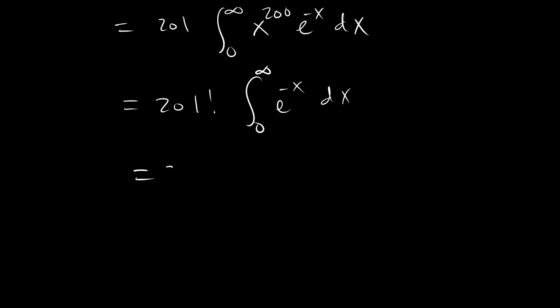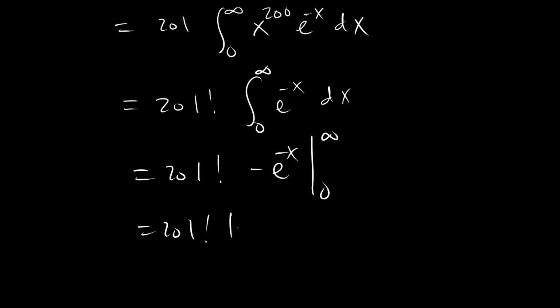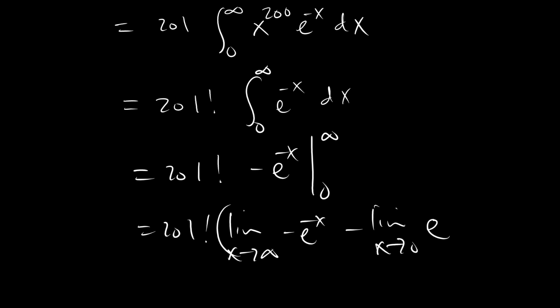And so this becomes 201 factorial times negative e to the negative x. And so we have the limit as x tends to infinity of negative e to the negative x, minus the limit as x tends to 0 of the same.